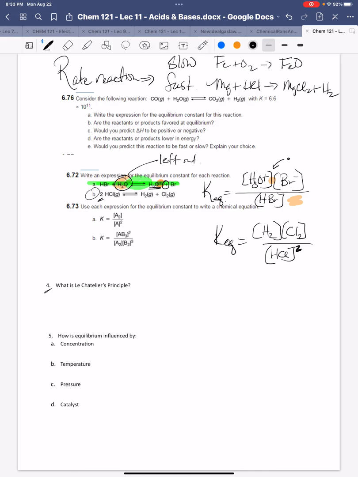So rates of reactions are determined by a couple of things: concentration, temperature, pressure, and catalysts. Okay, and we'll talk a little bit about what a catalyst is, right? A catalyst essentially is going to take a chemical reaction and lower the activation energy barrier, right?